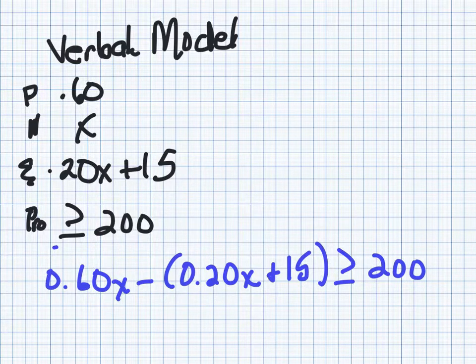So again, this is the cost right here. This is the expenses. And this is the profit that we want to make. And the 15 equals the cost of the book to buy.